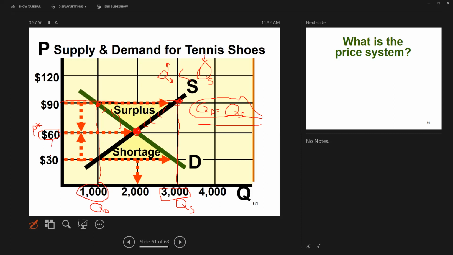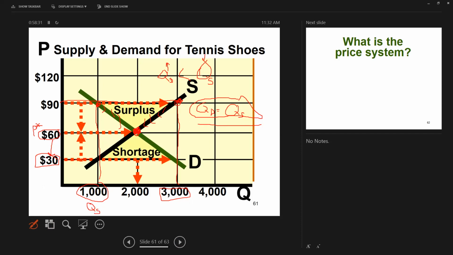In the opposite case, where we charge a price too low, say $30, trace that over to the supply curve. Now, quantity supplied is only 1,000. So producers at a price of $30 are only willing and able to offer for sale 1,000 pairs of tennis shoes.